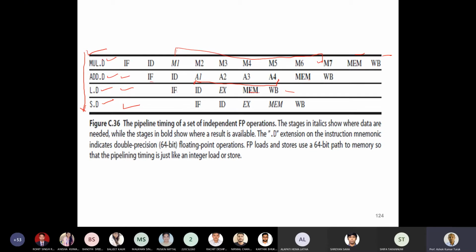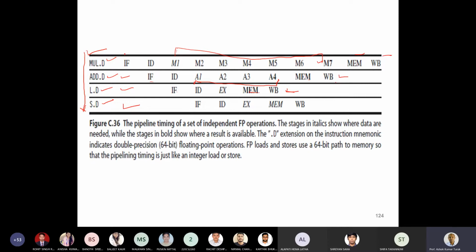Now let's look at putting these instructions in a pipeline where the execution stage takes multiple clock cycles. The add instruction completes first, then the load instruction, then the store instruction. Add completes first, and after that the multiply instruction. So the order has been changed.